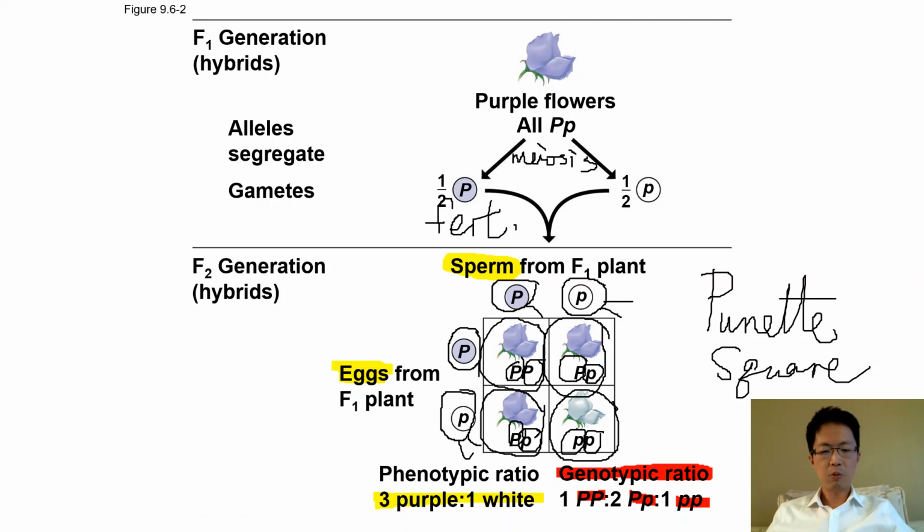We have 1 big P big P, 2 heterozygous dominant, and then 1 homozygous recessive. This is called homozygous recessive. So that's why the genotypic ratio is 1:2:1. I also want you to memorize this. So the phenotypic ratio is 3 purple, 1 white, but the genotypic ratio is 1:2:1. So I want you to memorize the two ratios.